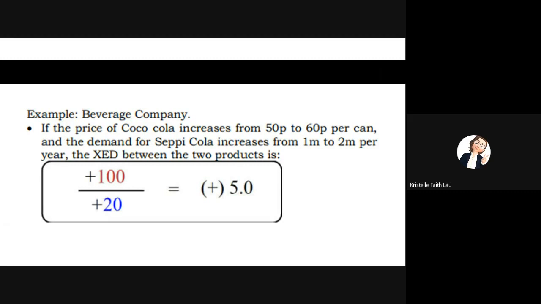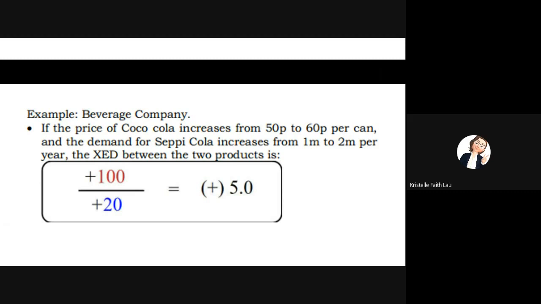So the example here is the beverage company. If the price of Coca-Cola increases from 50 pesos to 60 pesos per can, and the demand for Pepsi Cola increases from 1 million to 2 million per year.